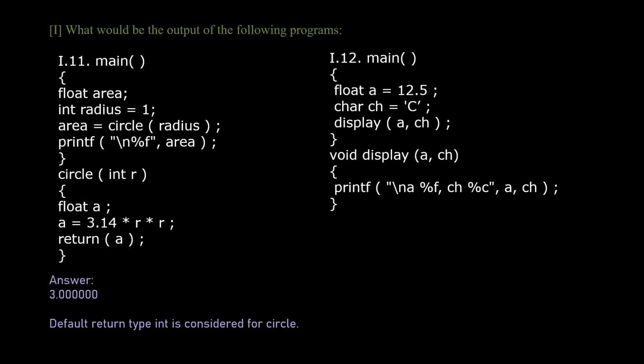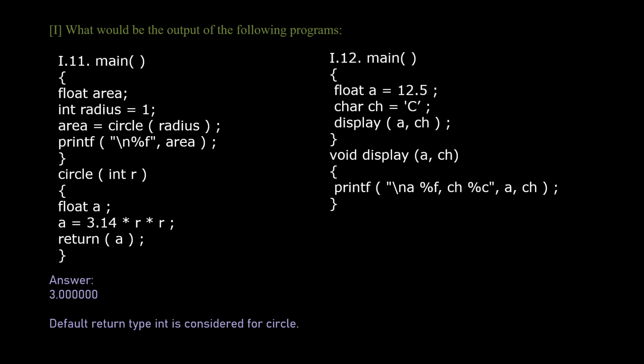And we are doing a printf percentile F ch percentile C. So this conversion of 12.5 to int is actually not going to work. It will just typecast it to 0.000. It will just print 0 for A, and for ch, char ch is having the ASCII value of C. So int will work fine here.